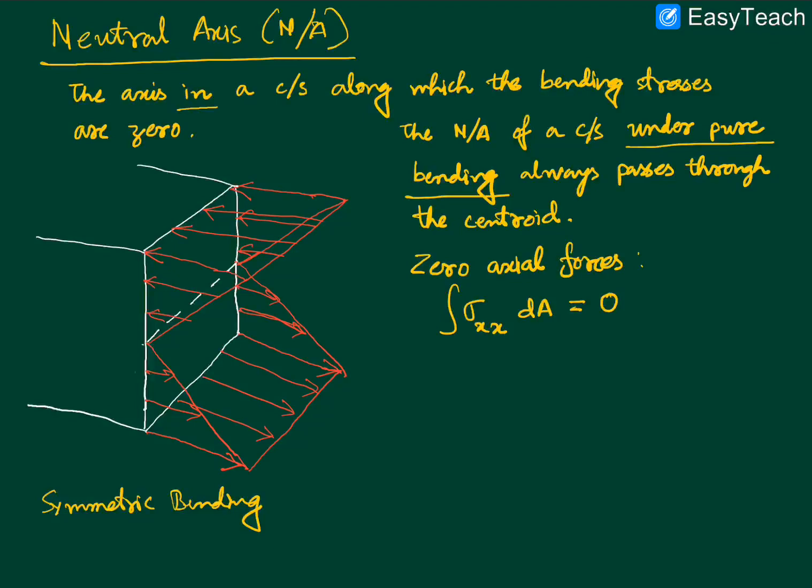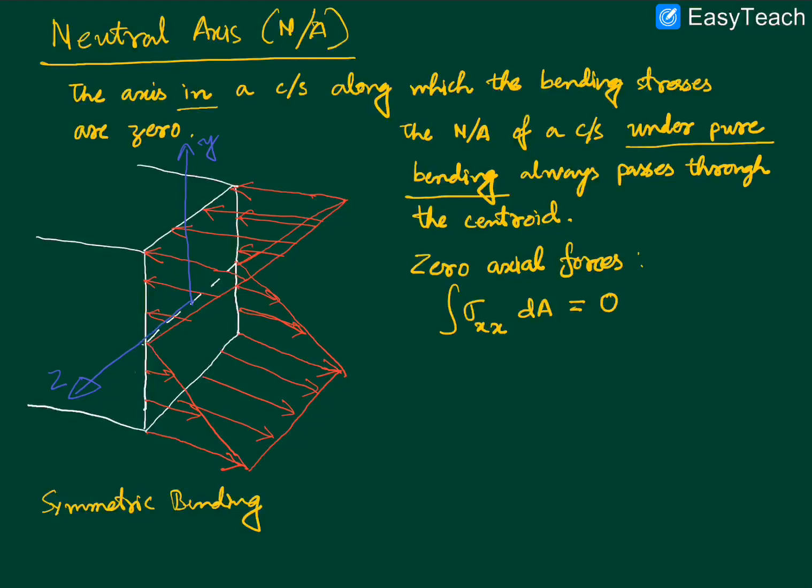So let me just quickly denote my coordinate axis. See, what I have done here is I have written it as y-axis, and the z-axis is coinciding with the neutral axis.